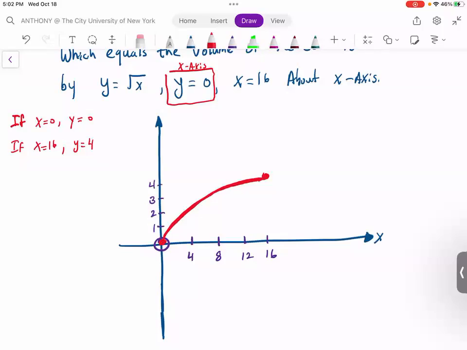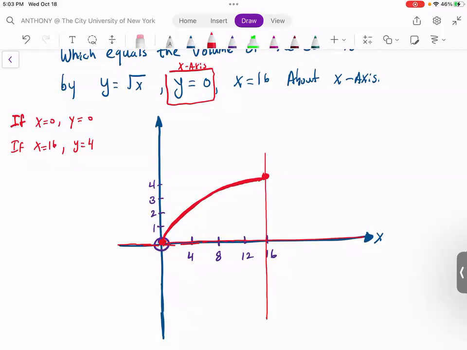So it should look like that. Now it's bounded also on the x-axis. All right. So far we have our sketch done.